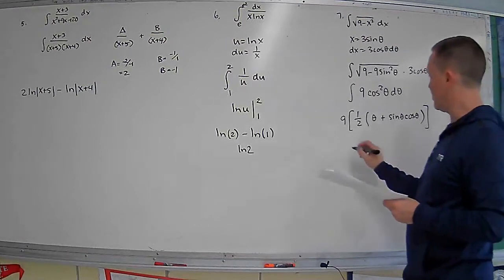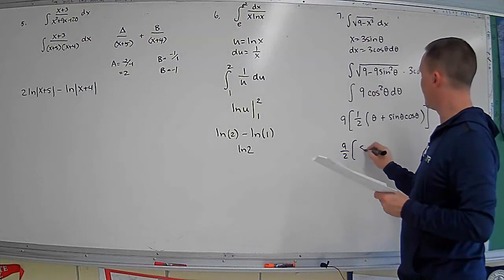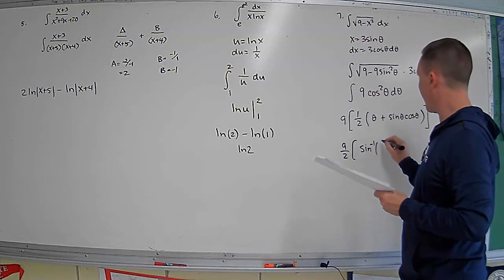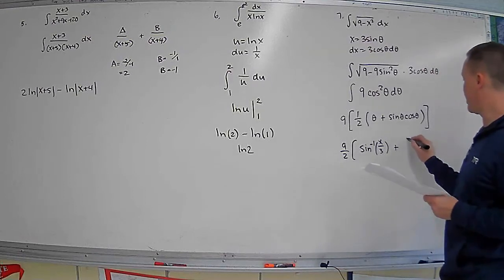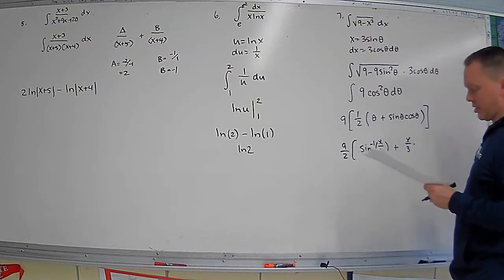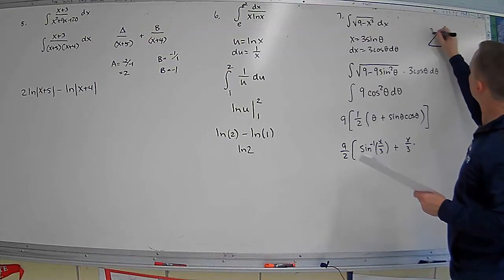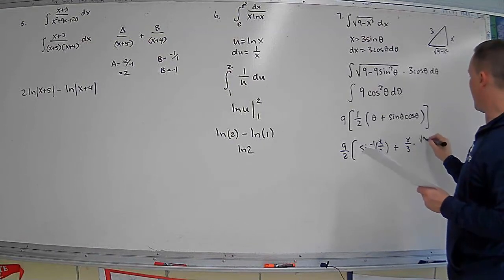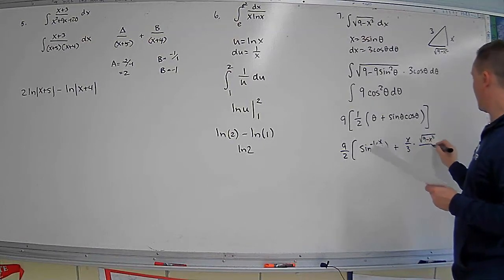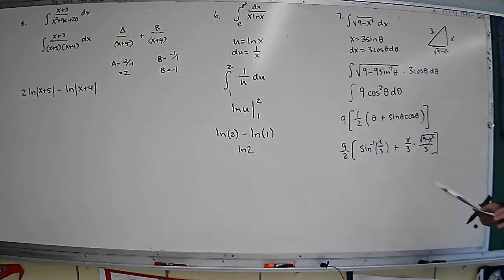Now we'll go back and resubstitute. Theta is the inverse sine of x over 3. Sine theta is x over 3. And cosine of theta, when I go to draw the triangle, is the square root of 9 minus x squared over 3. And there you go. That's number 7.